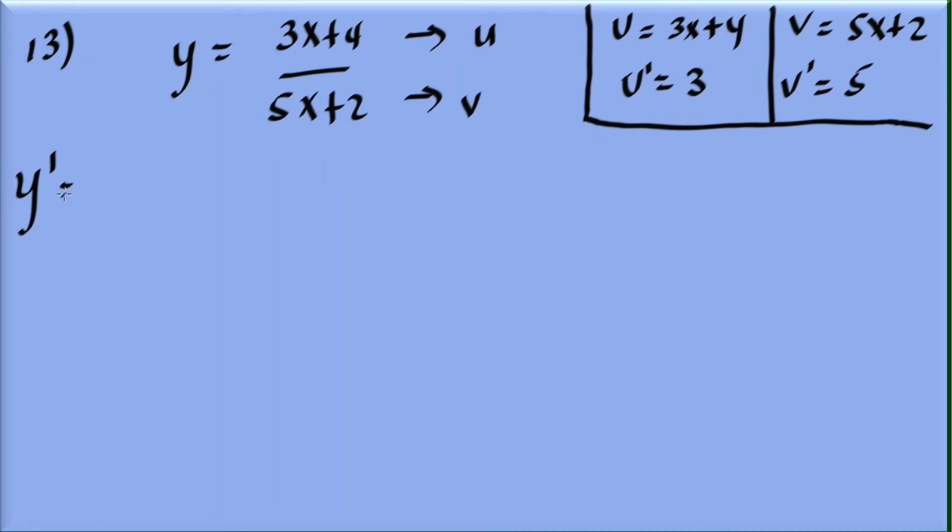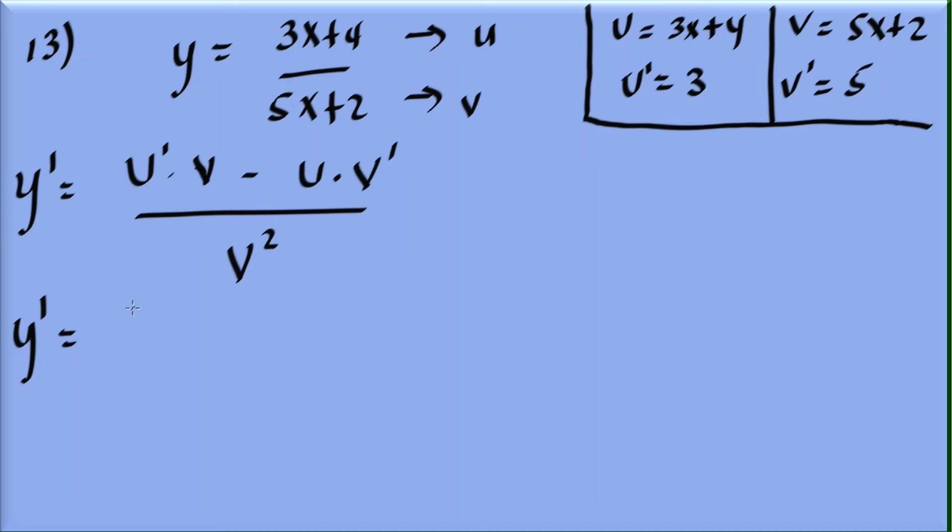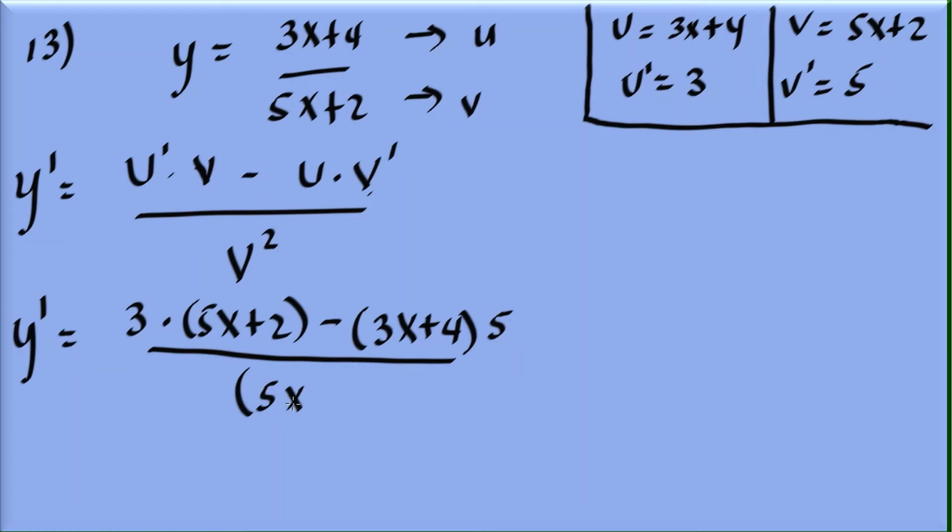Okay, so our y prime is u prime v minus u times v prime over v squared. The y prime is u prime, which is 3 times 5x plus 2 minus u, that's 3x plus 4, times v prime, which is 5, all over v squared, so all over 5x plus 2 squared. Then go ahead and simplify. That's 15x plus 6, okay?